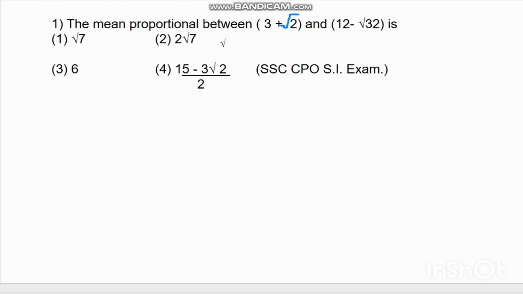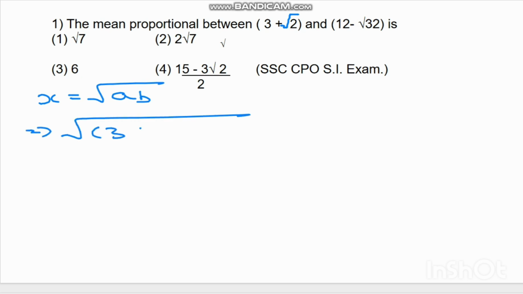Guys, we know that mean proportion is nothing but x equal to root AB. Here A equal to 3 plus root 2 and B is 12 minus root 32.